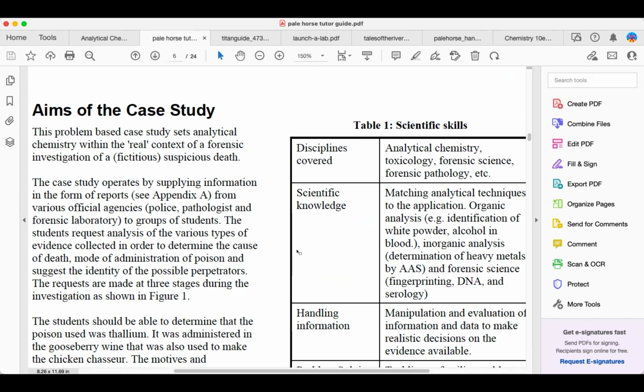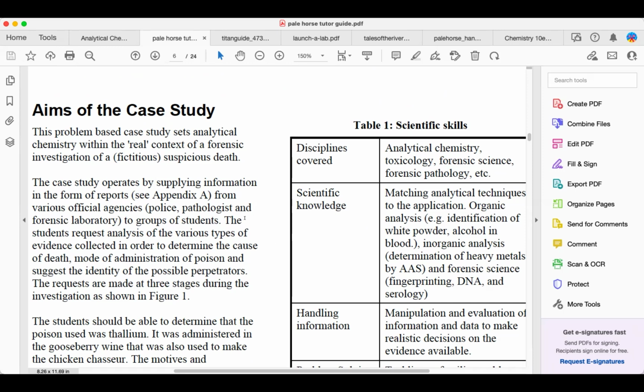The case study operates by supplying information in the form of reports from various official agencies. Some of the groups might not have complete data, but it's okay. It can be hypothetical as well.